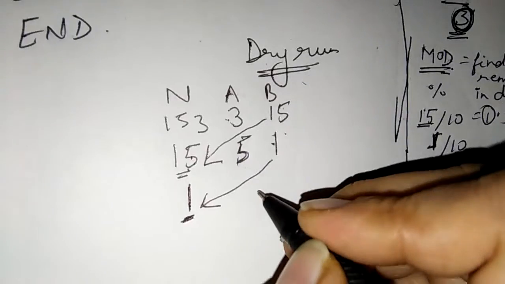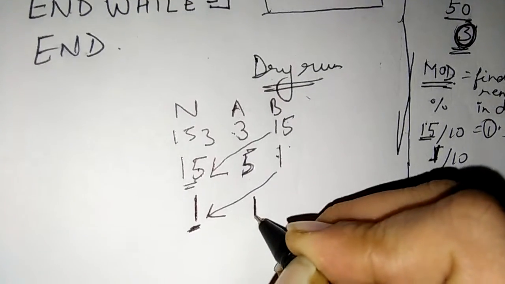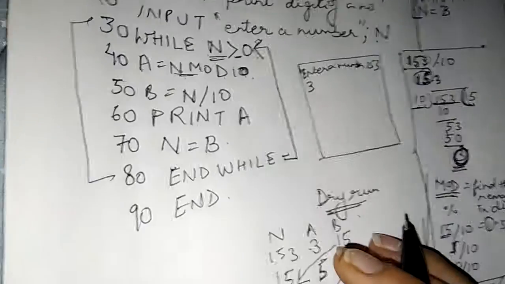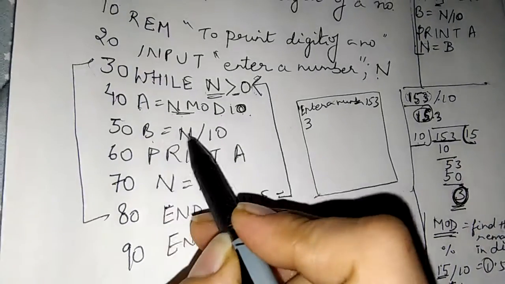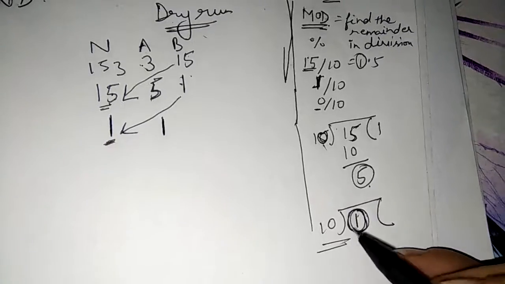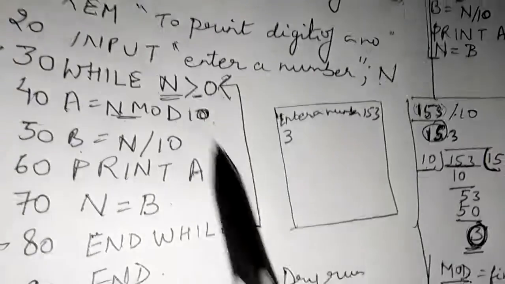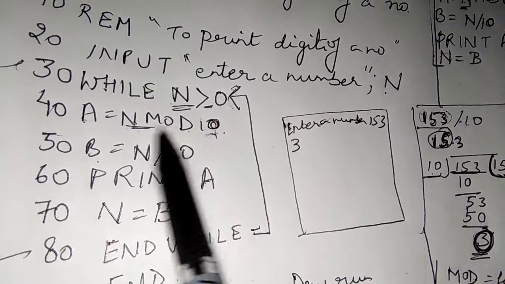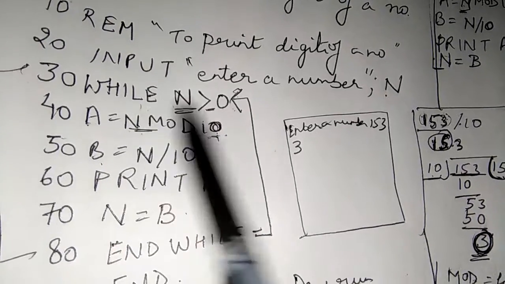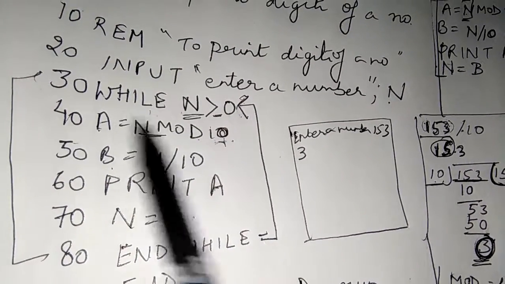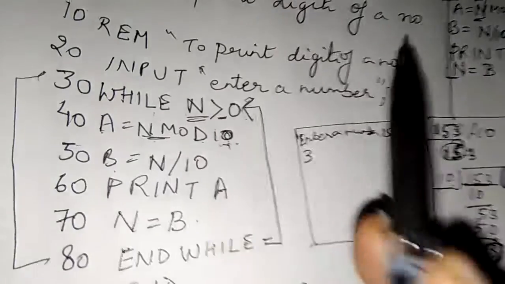So a will be 1. B is equal to, now have you understood this? In the modulus operator, if your divisor is greater than the number, the remainder will be the number itself.